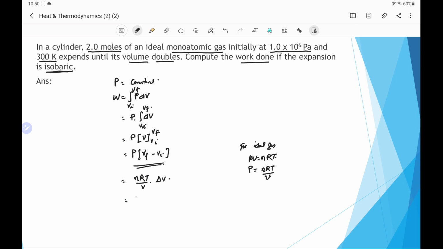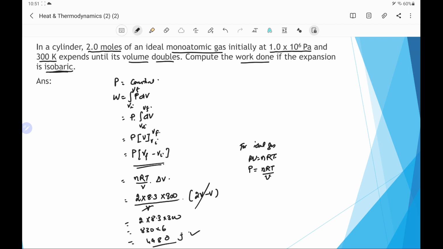Here the number of moles of the gas are 2 moles, so it is written 2 into R, the universal gas constant, it is 8.3, into temperature 300 in Kelvin, and initially the volume is V, and then final volume minus initial volume, because finally volume is 2V minus V. Therefore this gets cancelled by V and it remains 2 into 8.3 into 300, and on solving we will get 830 into 6, or it is 4980 joule.